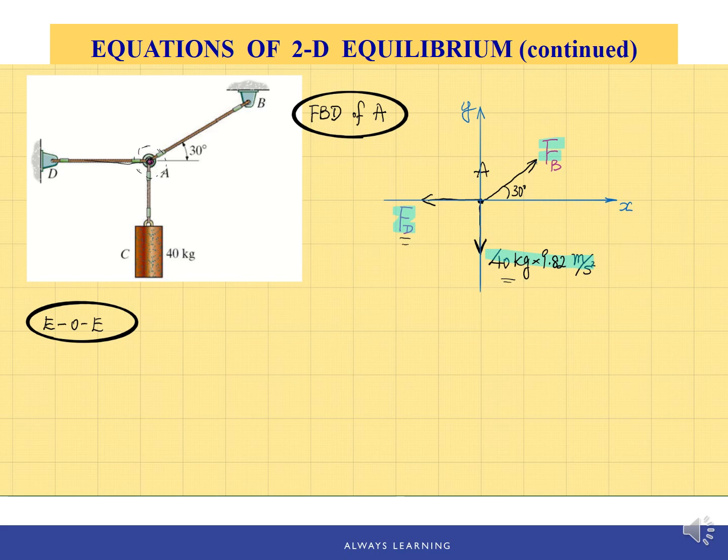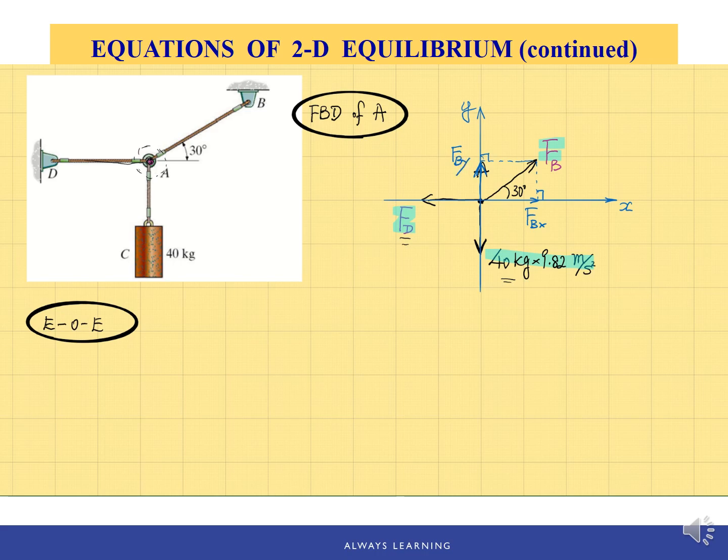Drop a perpendicular line from the head of FB to the x-axis, and this is the FBX. Same idea: drop a perpendicular line to the y-axis, and between the origin and the point here, this is FBY.